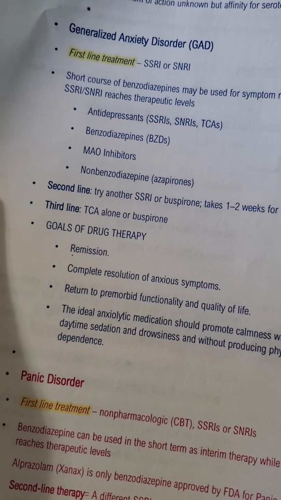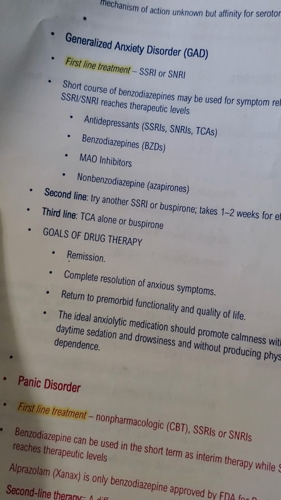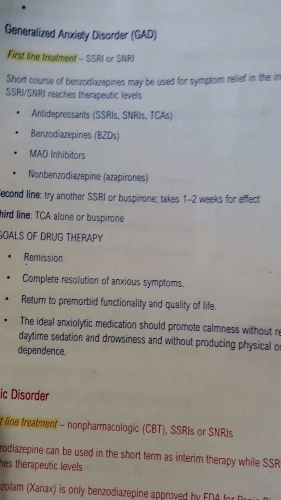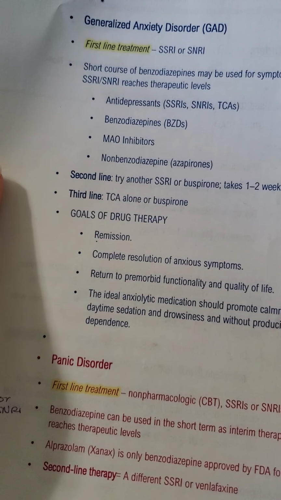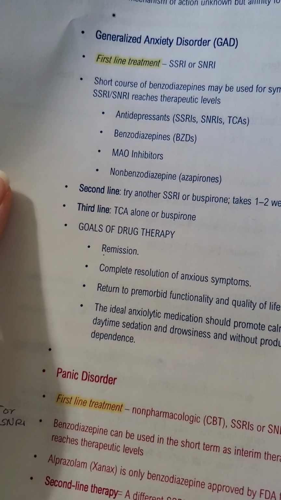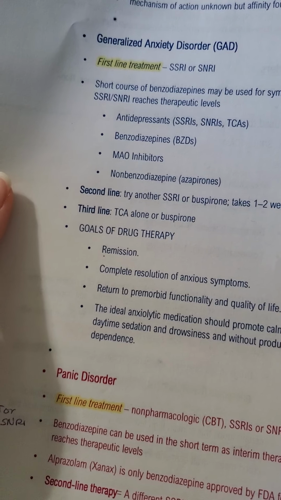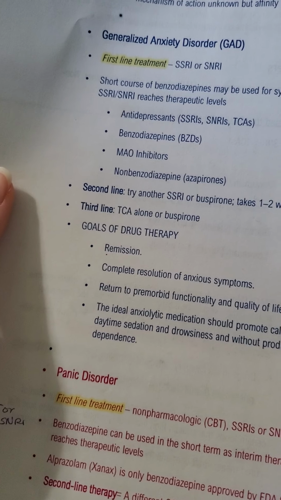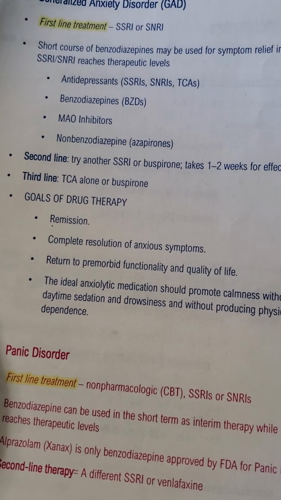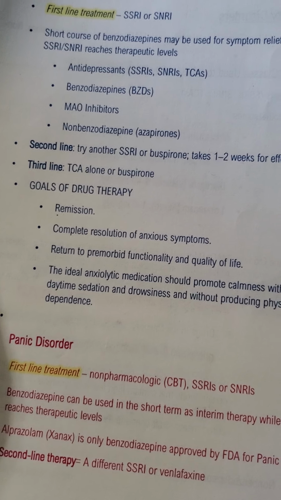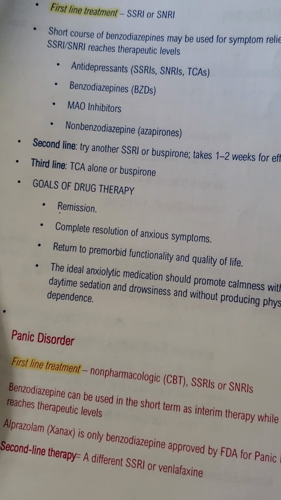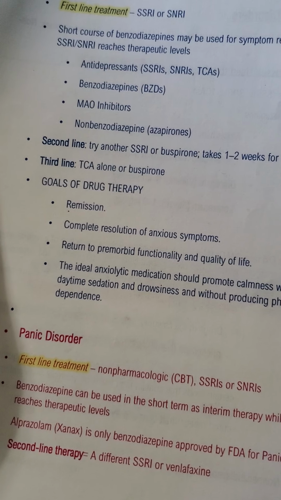Second-line therapy: try another SSRI or buspirone. They can take 1 to 2 weeks for full effect. Third line is a TCA alone or buspirone. The goals of drug therapy are remission, complete resolution of anxiety symptoms, and return to pre-morbid functionality and quality of life.